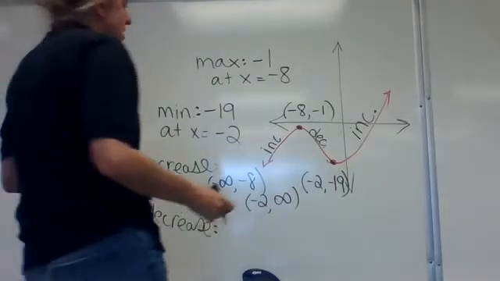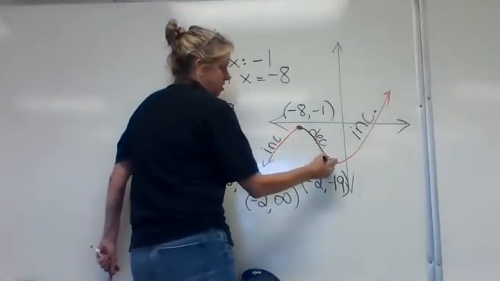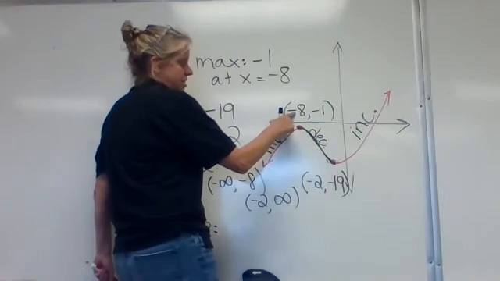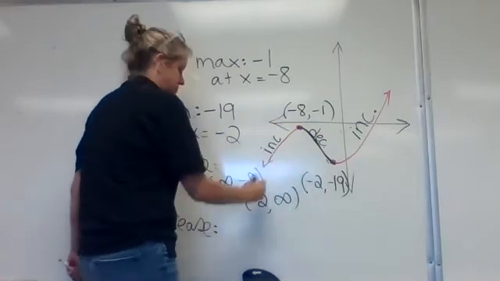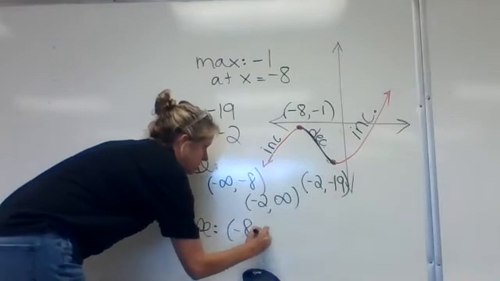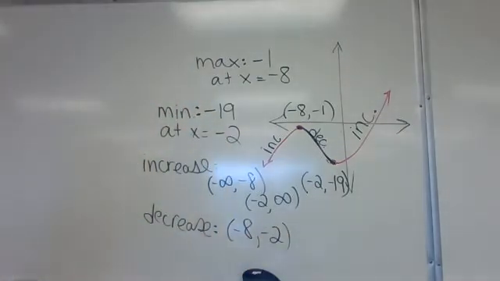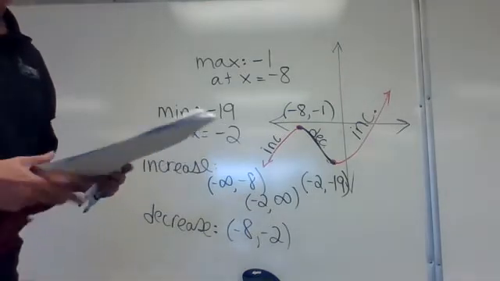And then there's only one little spot where it decreases on this interval right here. So it decreases from this x to this x. So from -8 to -2. All right, 3 more.